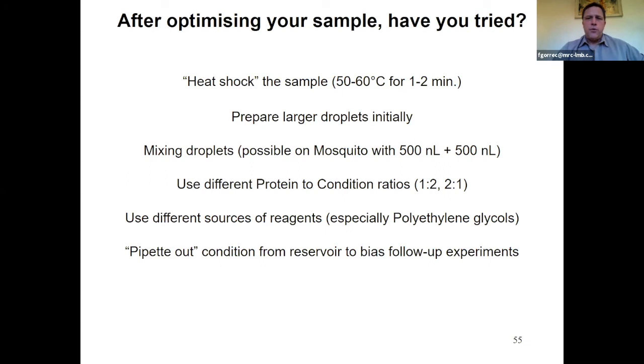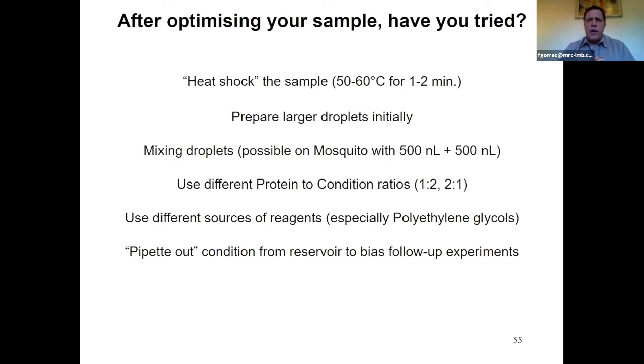Different sources of reagent, that's one of the reasons why we also use different strains from different suppliers. It's a source of reproducibility issues. Are you really in control with your buffer? Are you really in control with your reagents? Polyethylene glycols are very unstable, often a source of reproducibility issues. So you need to think about that.